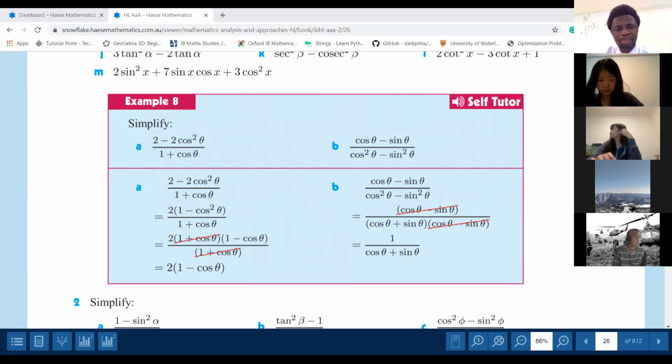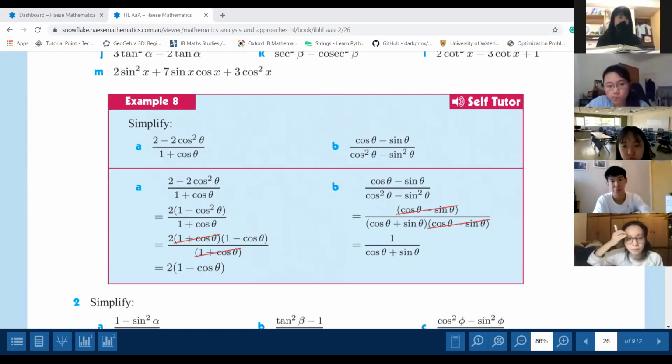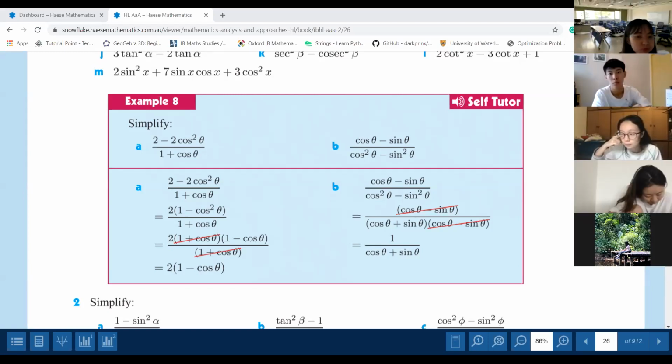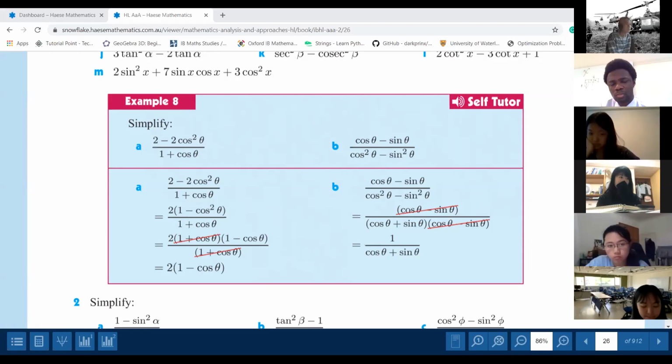However, this would not help us find a common factor in the denominator. So, is there anything else we can do? You should notice that this factor is also the difference between two squares. We factorize it as 1 plus cos theta times 1 minus cos theta. We can now see a common factor in the numerator and denominator that can be cancelled. The expression is now in simplest form.